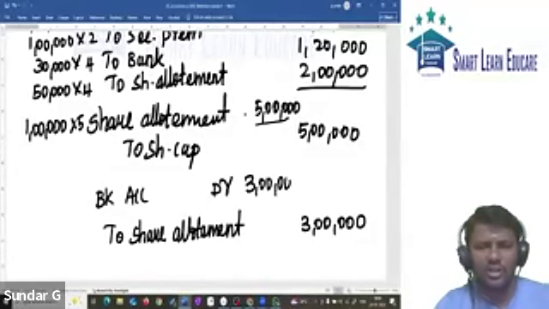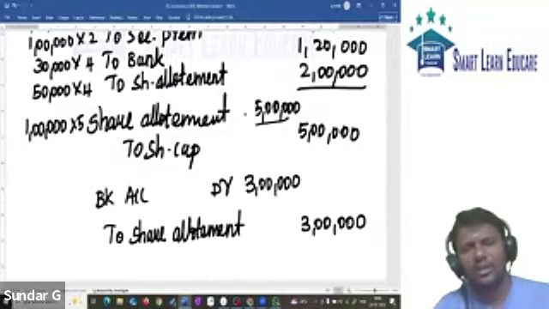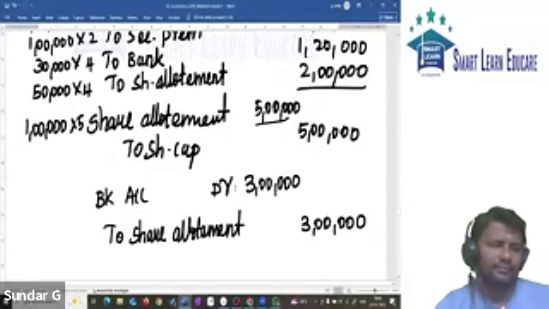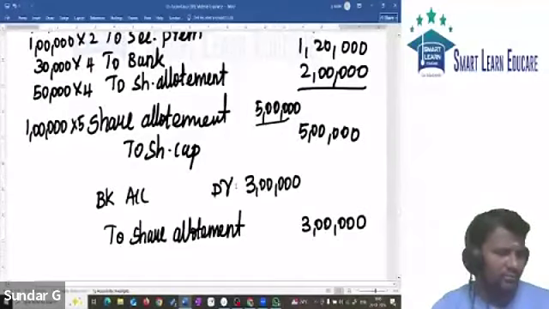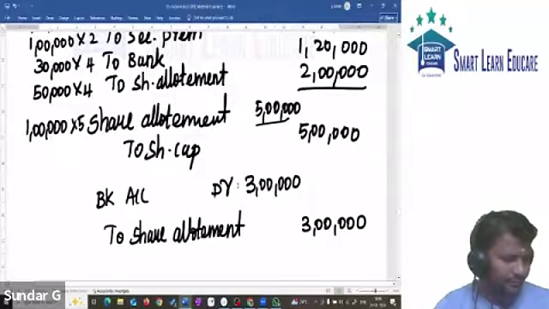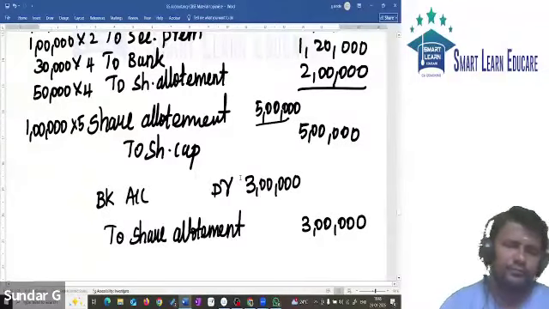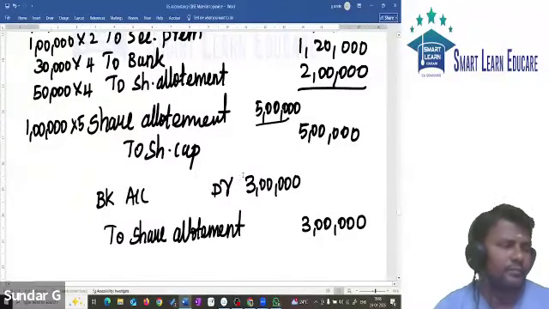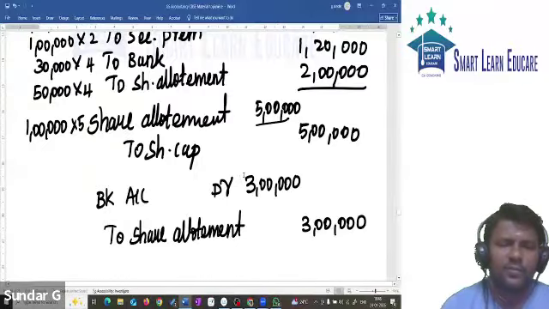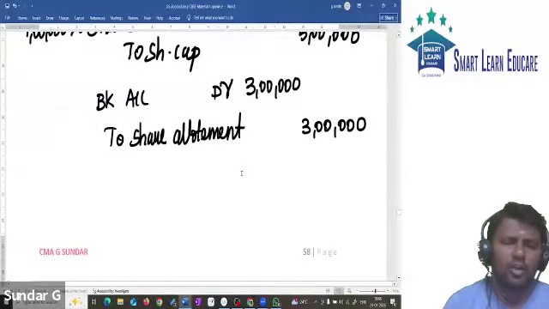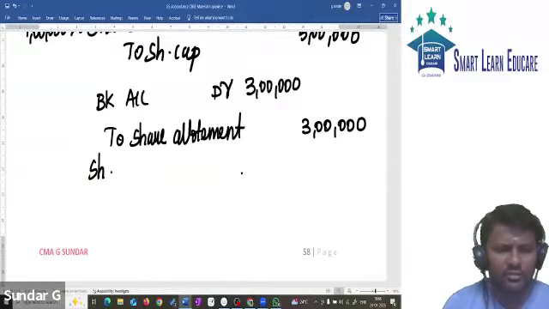So entry 5: bank account debit to share allotment, 3 lakhs. Any doubts up to this? Application and allotment are over.